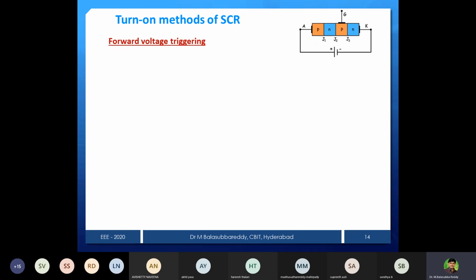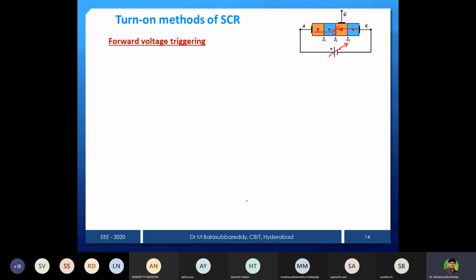That's why you just keep the gate open and try to increase the anode to cathode voltage. Now we are increasing this voltage. Once you increase the anode to cathode voltage, what will happen? At this point, the width of the depletion layer decreases, because the width of the depletion layer is inversely proportional to the voltage. So the width gradually decreases and finally it breaks down.